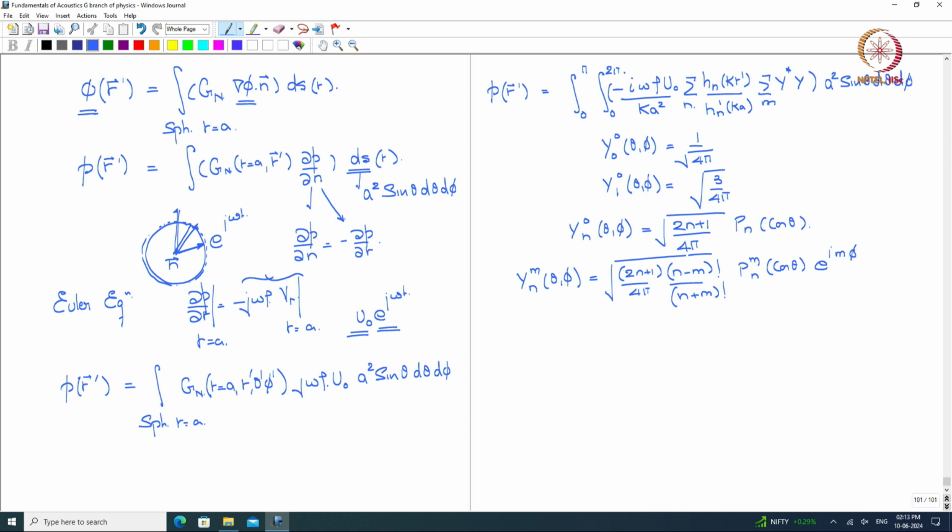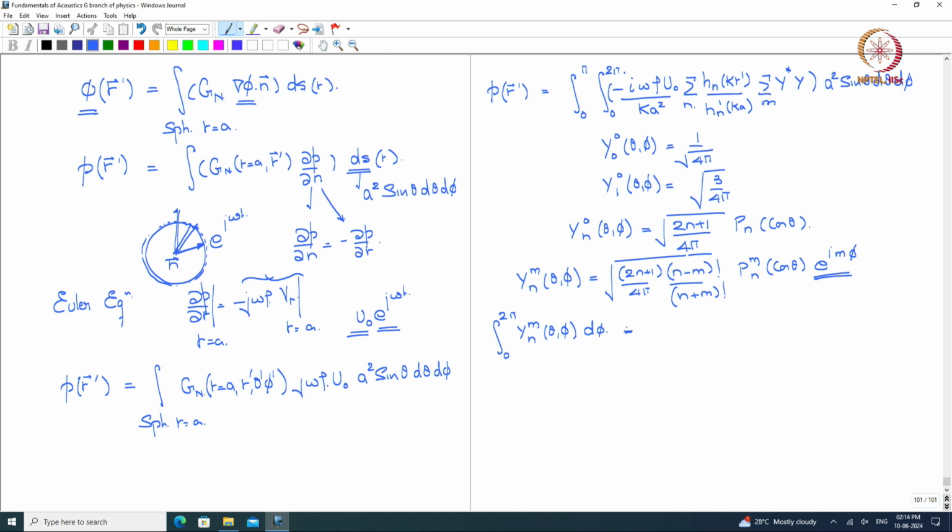Okay. So, that when we look at this 0 to twice pi Y m n theta comma phi d phi, we subject it only to the phi integral and phi is there only here. This will be non-zero only when m equal to 0.